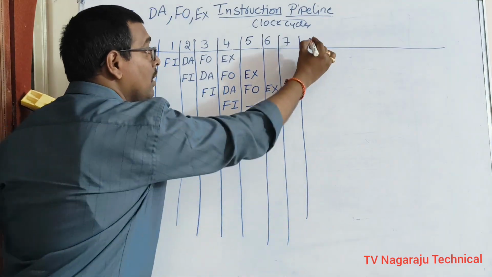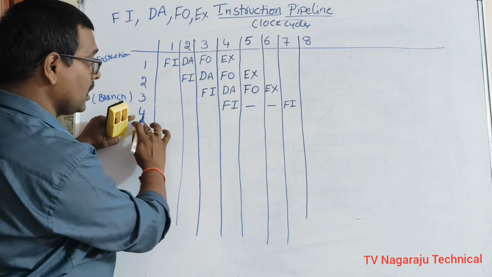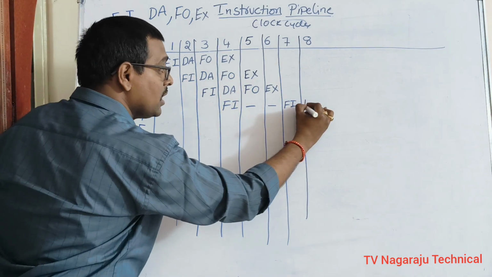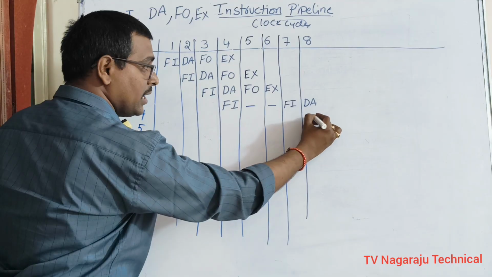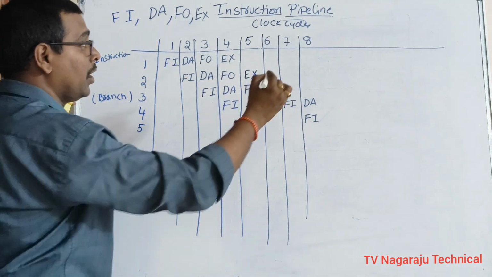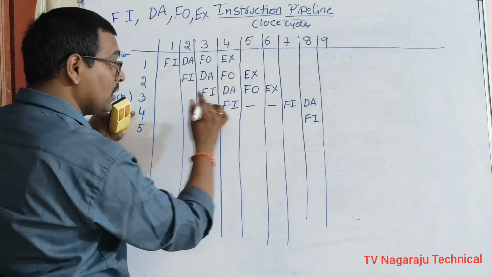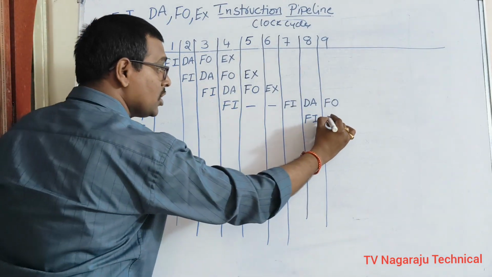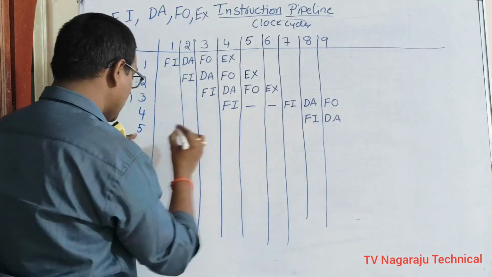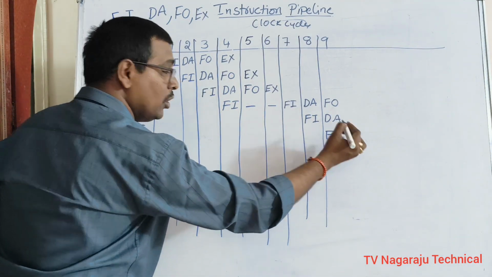Clear? Now clock cycle number 8, the 5th instruction. Now the 4th instruction is entered into DA. The 5th instruction is entered into segment 1. Now clock cycle number 9, the 4th instruction moved into F4, the 5th instruction moved into DA, and assume the 6th instruction moved into F5.